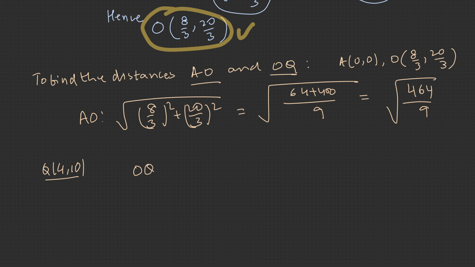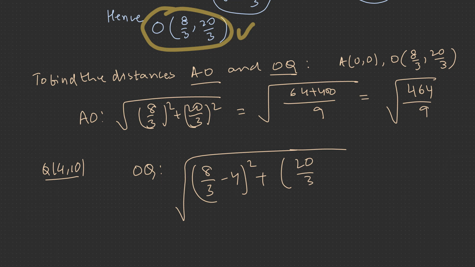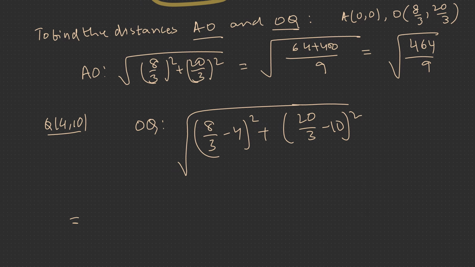So OQ is square root of 8 over 3 minus 4 square, plus 20 over 3 minus 10 square.